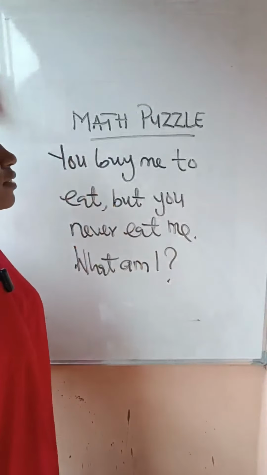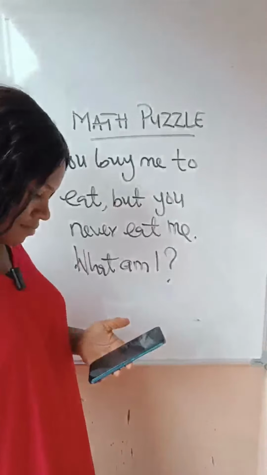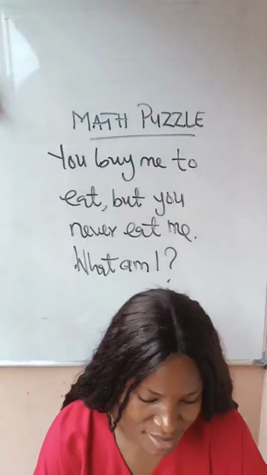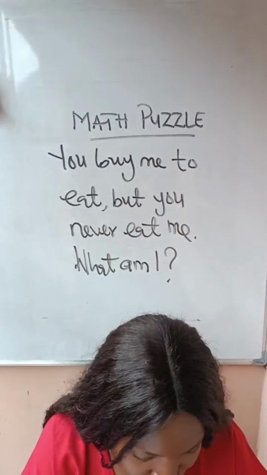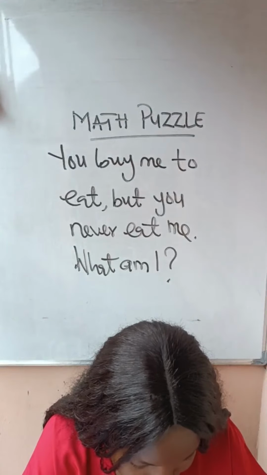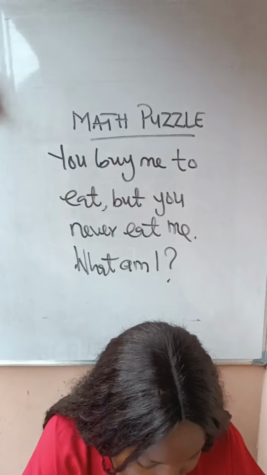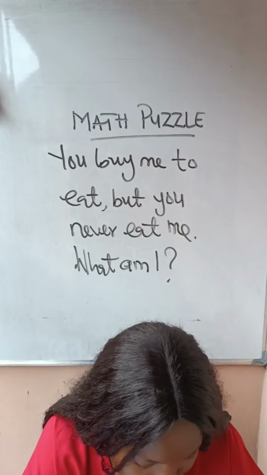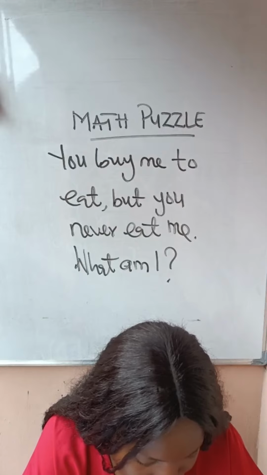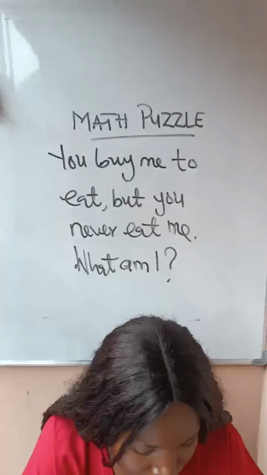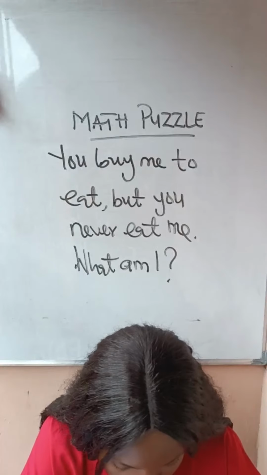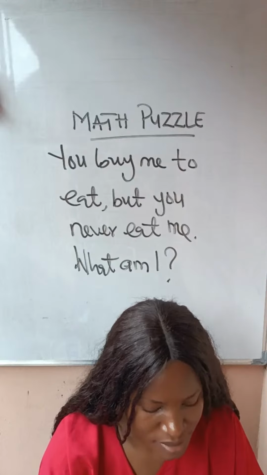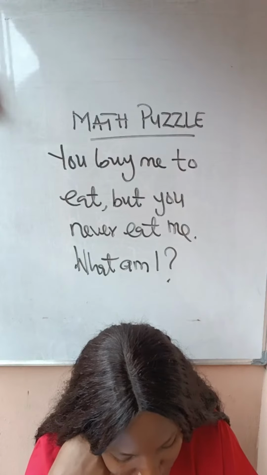So Julie says, you buy me to eat, but you never eat me. So do you saying crockery, plate, spoon, fork? Okay, Julie is saying utensils. She's saying plates.